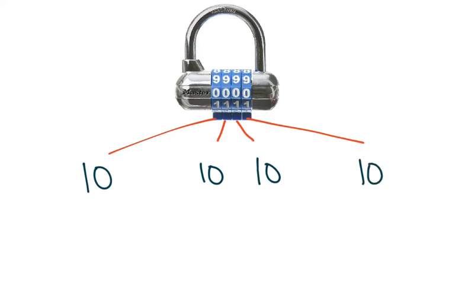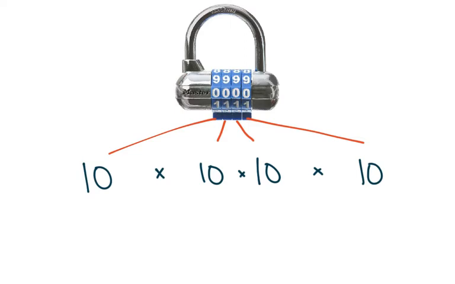So whenever we look at a combination like this, for the number of possible 4-digit combinations, you multiply your choices. So you multiply your 10 options here with the 10 options here, with the 10 options here, and the 10 options here. You multiply those together, and you get the total number of possible combinations for the lock.